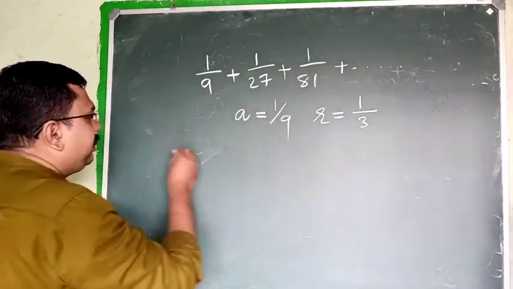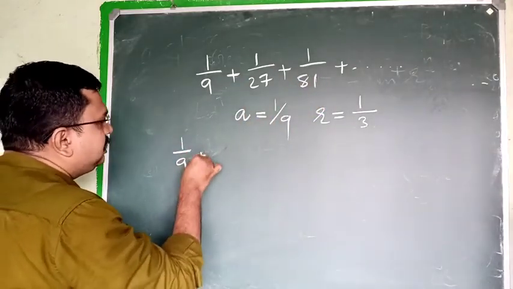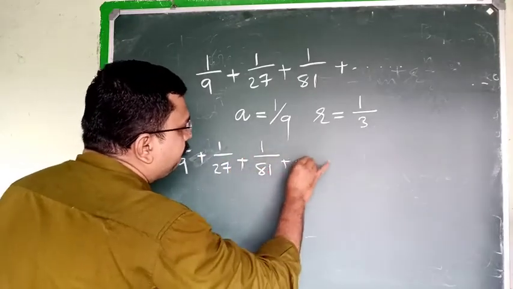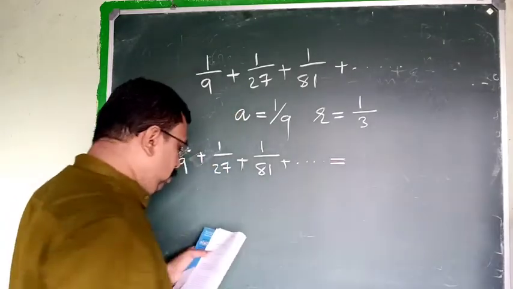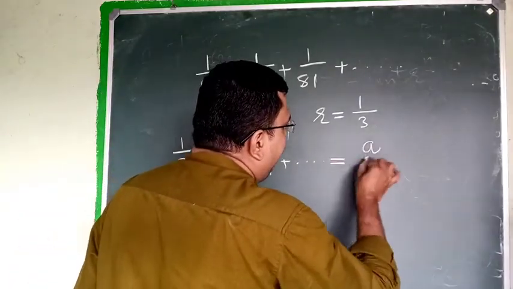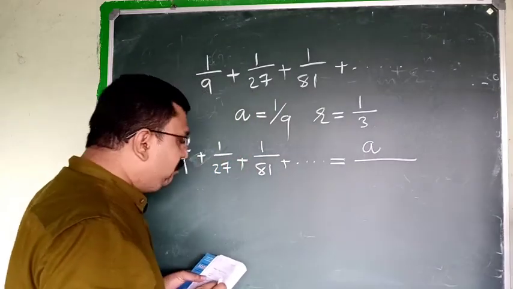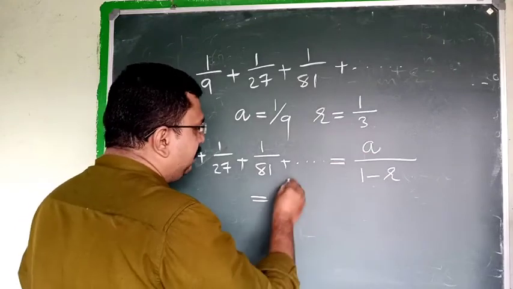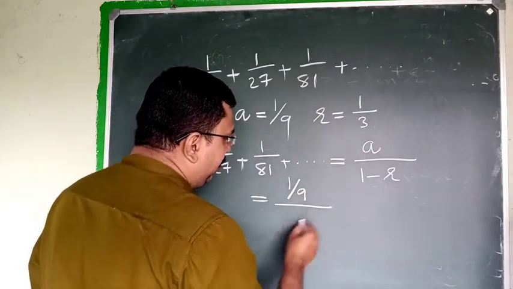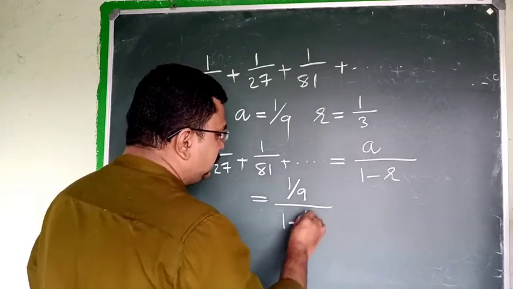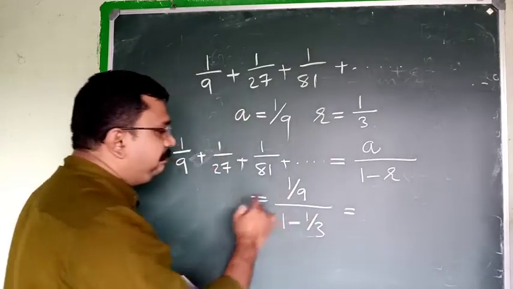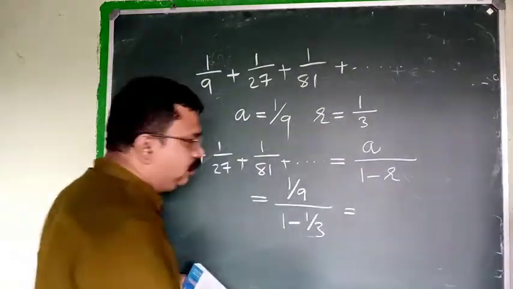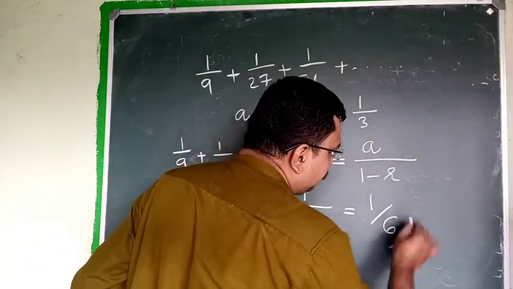Therefore, this can be written as 1 by 9 plus 1 by 27 plus ..., which is equal to a by 1 minus r, which is equal to, what is our a? 1 by 9 divided by 1 minus r, where r is 1 by 3. 1 by 9 divided by 1 minus 1 by 3, which is equal to 1 by 6.